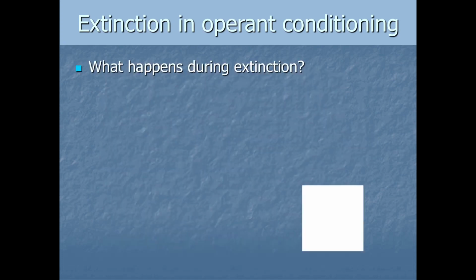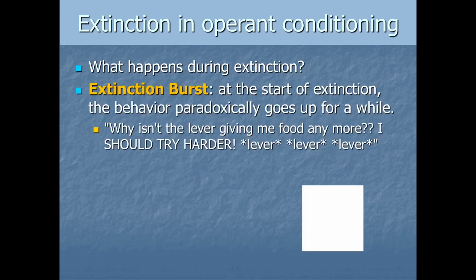That said, in operant conditioning, we consistently note something very interesting that happens during extinction. Specifically, right when we start extinction, something happens. We consistently observe something called extinction burst. So at the start of extinction, the behavior paradoxically goes up for a little while.